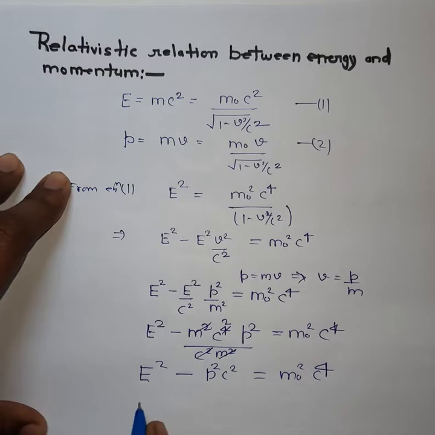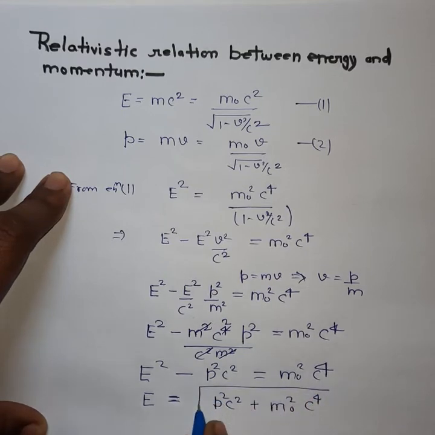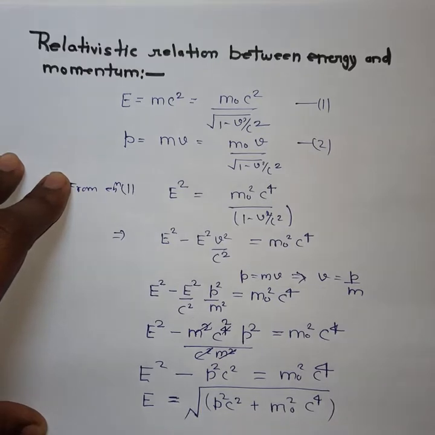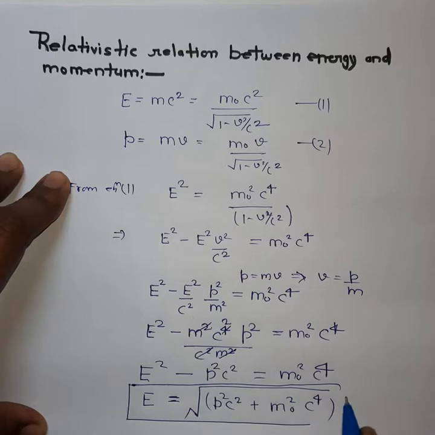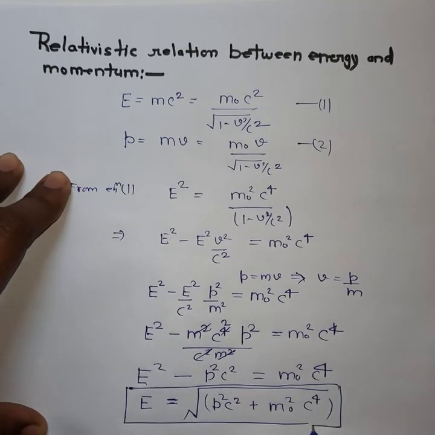So you can write E in terms of p and m naught as the square root of p squared c squared plus m naught squared c to the power 4. So this is your required relation, that is the relation between relativistic energy and momentum.